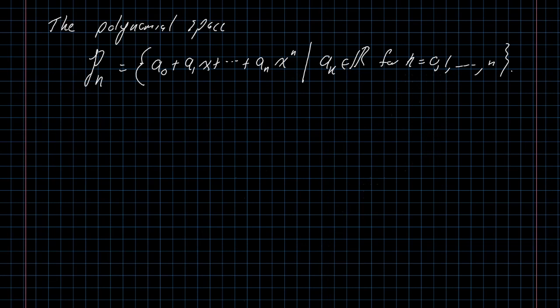So if, for example, in P3, the polynomials of degree 3, well, sure, I have something like x cubed plus 5x squared plus 6x plus 9. That is very clearly a third degree polynomial, so it definitely belongs in P3.